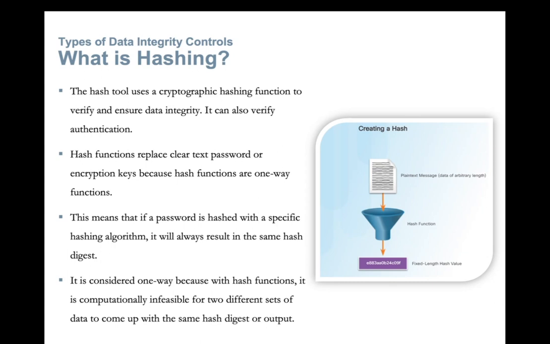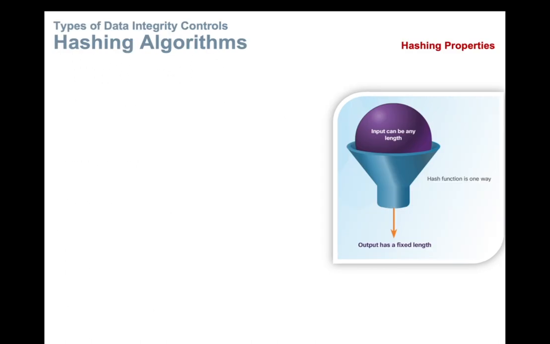Hashing is also very efficient. A large file or the content of an entire disk drive results in a hash value with the same size. Then we'll see what the hashing properties are.